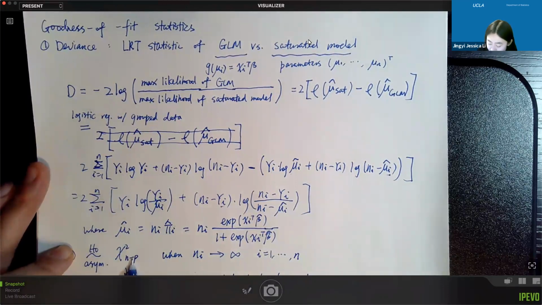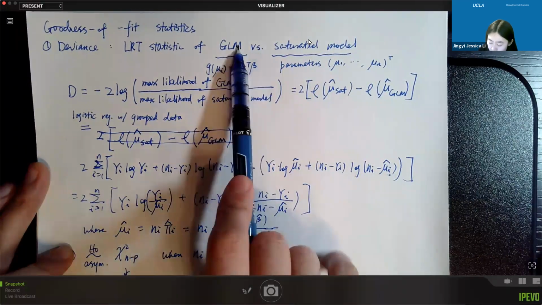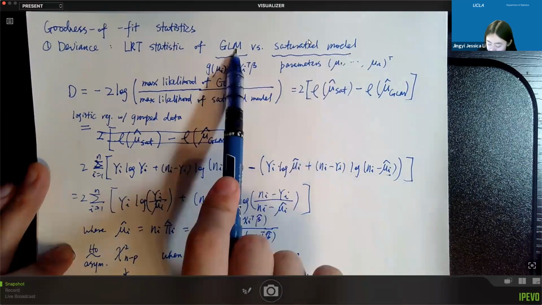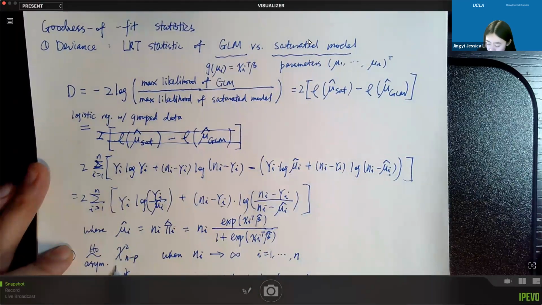This is exactly the difference of degrees of freedom between the two models, n and p here. But for asymptotics to work, we actually need, for each group, the sample size within the group, ni, to go to infinity, not just n.